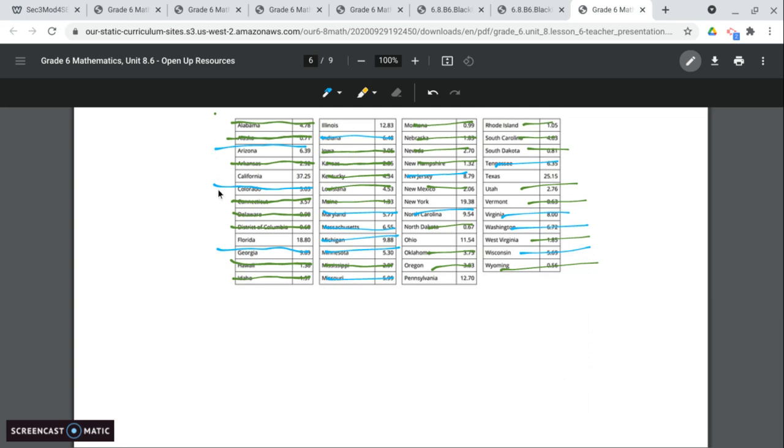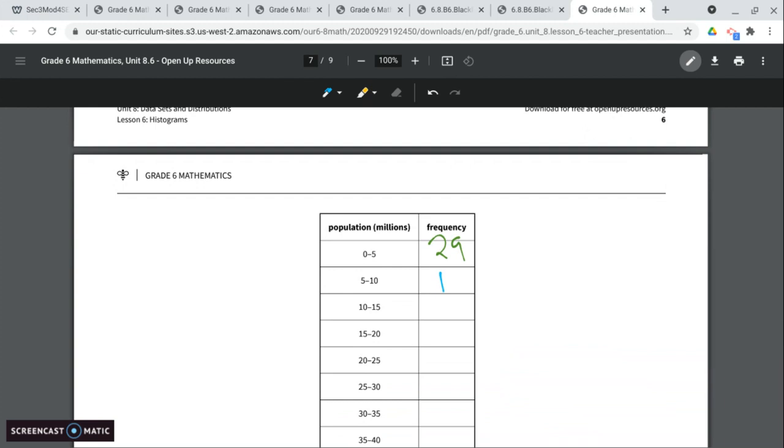So we've got 1, 2, 3, up to 15. So for this we have 15.